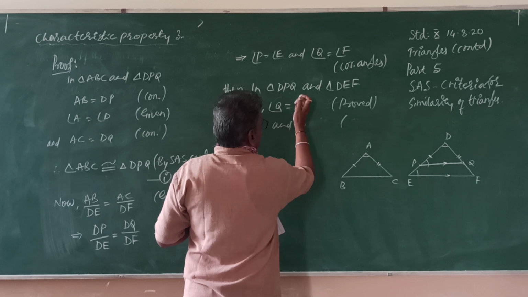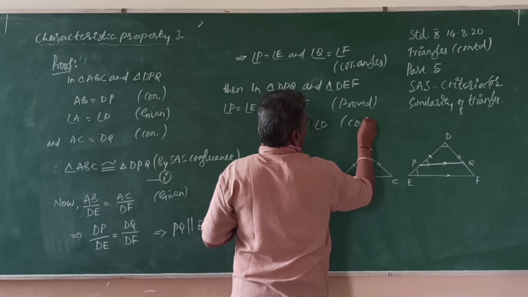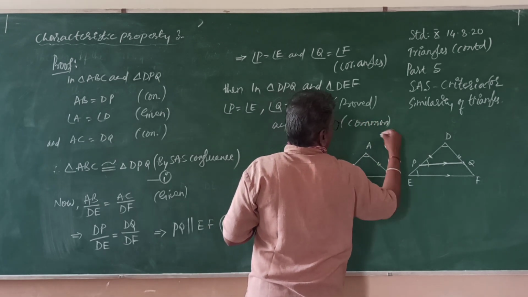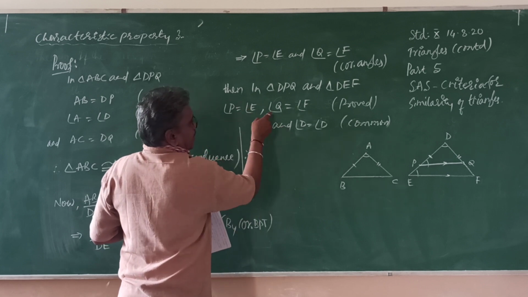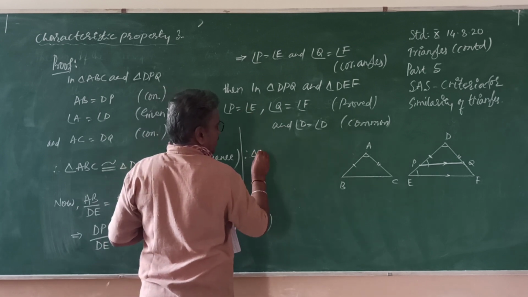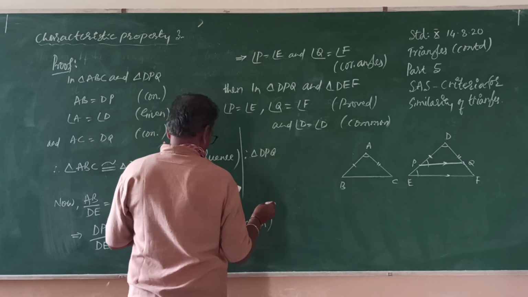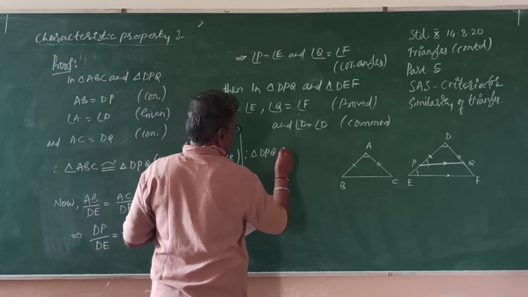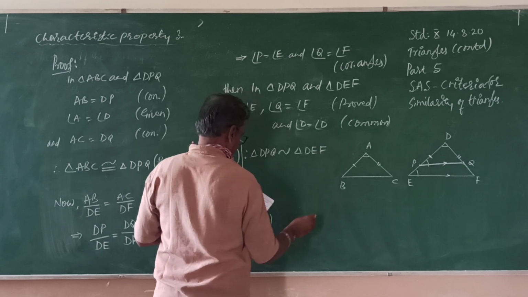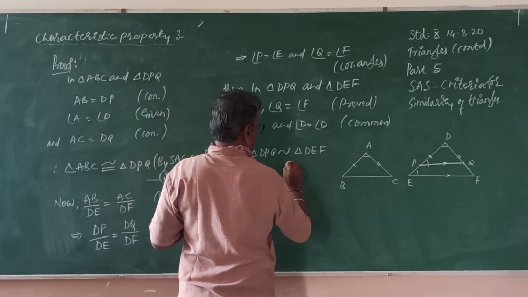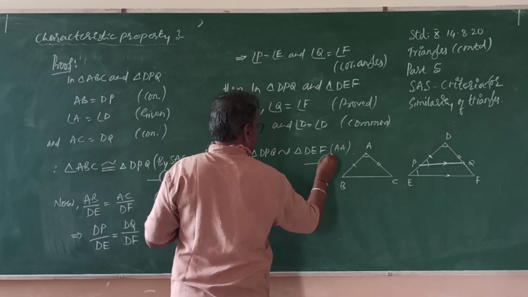Angle D is equal to angle D, the common angle. Therefore, the angles are equal. So triangle DPQ is similar to triangle DEF by AA criteria. This is equation number 2.